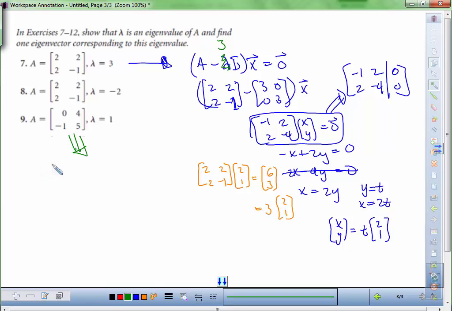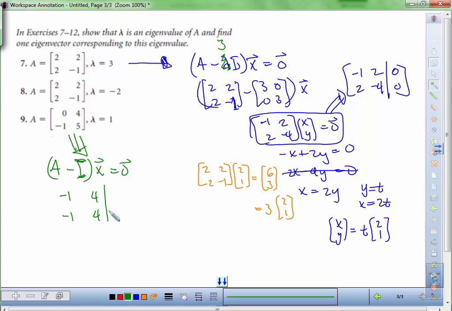We have A minus lambda, where lambda is equal to 1, so we just need the identity. Can I just do this together? So 0 minus 1 is negative 1, 4 minus 0 is 4, negative 1 minus 0 is negative 1, 5 minus 1 is 4.